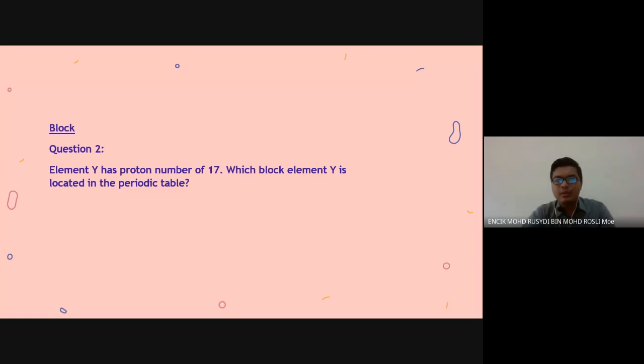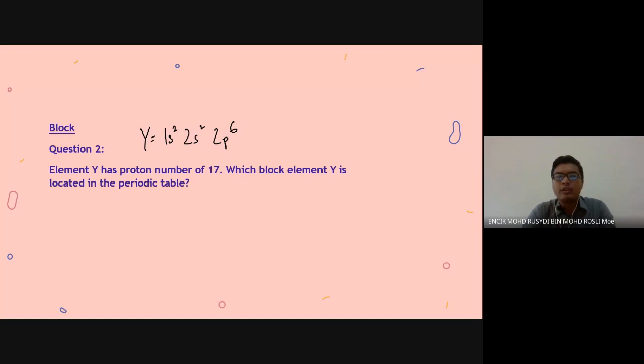Okay. So close dulu. Ni. Okay, and then kita check jawapan dia sama-sama kat sini. So, for element Y has proton number of 17. So, dia ada 17 elektron. Meaning that kita punya Y ada electronic configuration of 1s2, 2s2, 2p6.